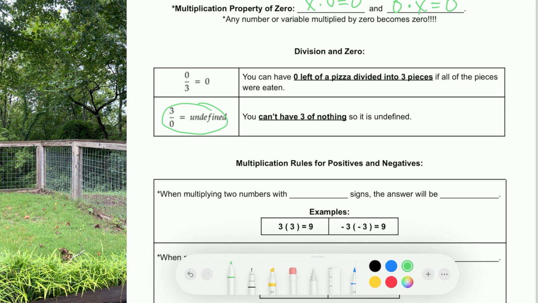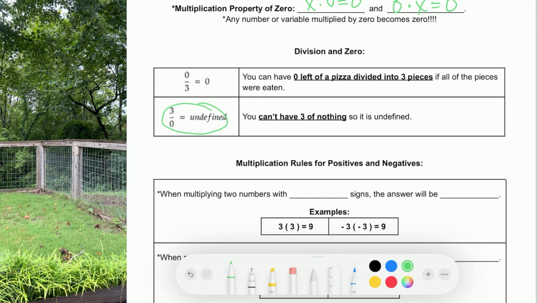So let's talk about what this means and use our same analogy. Let's say you get a pizza box. You ordered it. There's no pieces in there, so you basically have an empty box. You have 0 pieces, 0 pizza. But you want to eat 3 of the non-existent pieces. You can't do that.